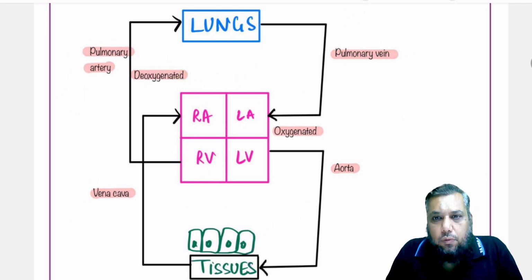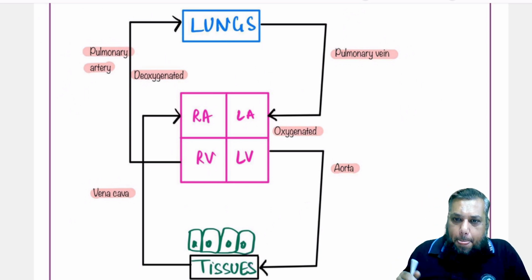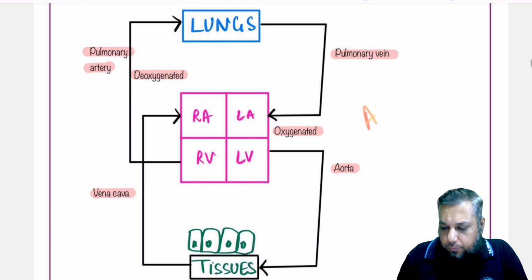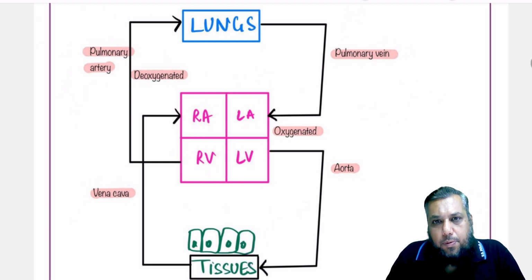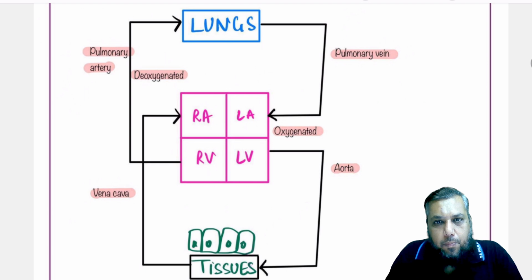And the general rule of thumb is left means oxygenated, right means deoxygenated. So remember this. Whenever the term left comes, it means oxy, right, deoxy. And atria will mean receiving chambers, and ventricles will mean pumping chambers.